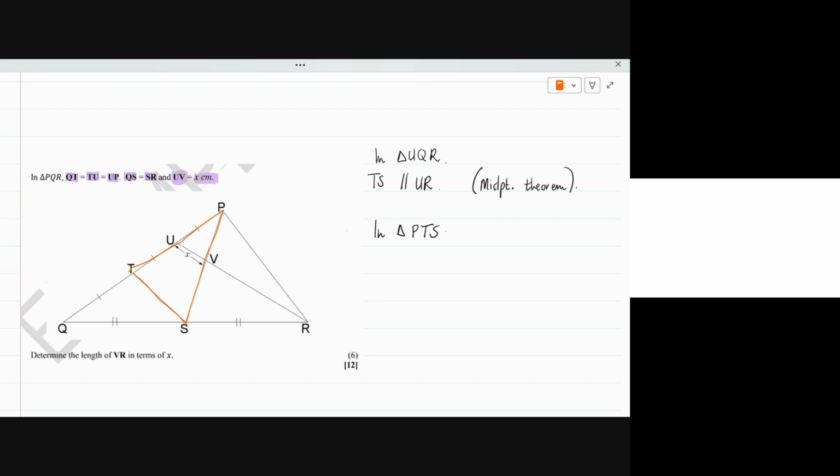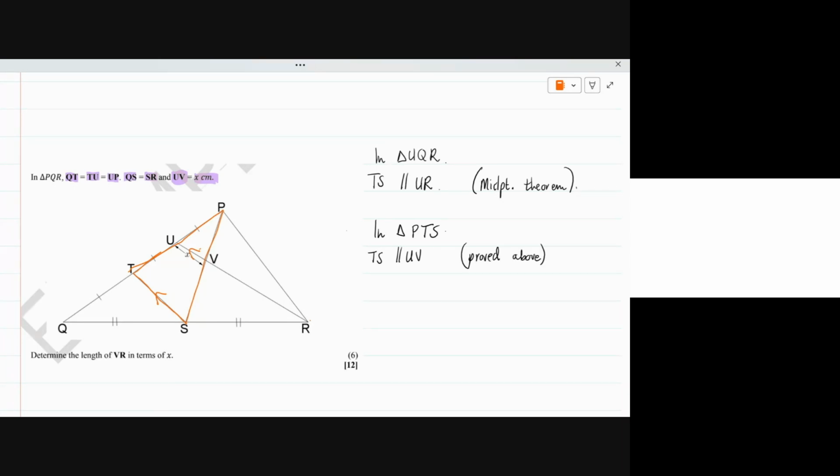What we've just discovered is that this is parallel to that. So in triangle PTS, we know that TS is parallel to UV. It's been proved above, using the midpoint theorem.